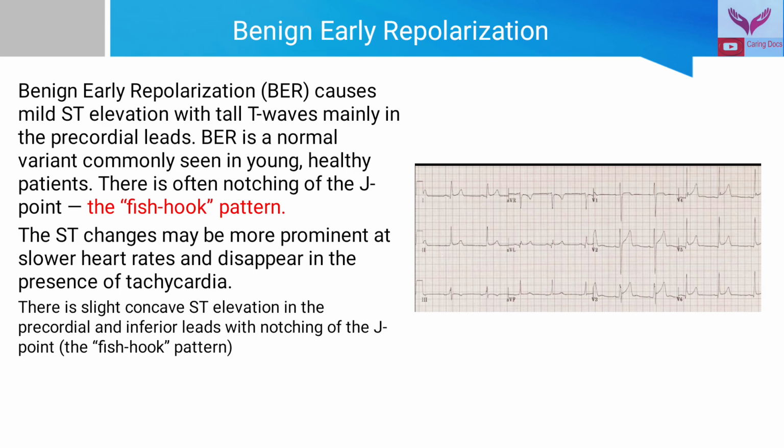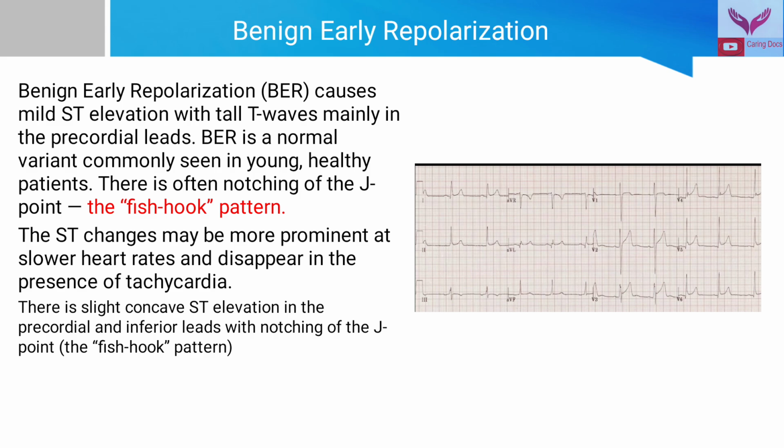Coming to the benign early repolarization, it causes mild ST elevation with a tall T wave mainly in the precordial leads. Benign early repolarization is a normal variant and it is commonly seen in young healthy patients, and there is often notching of the J point, and we call it a fish hook pattern.